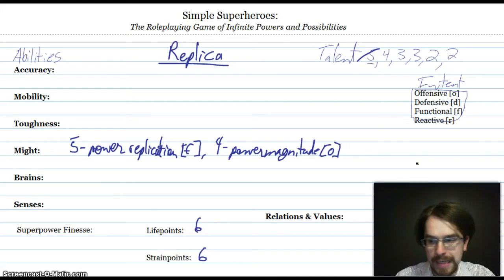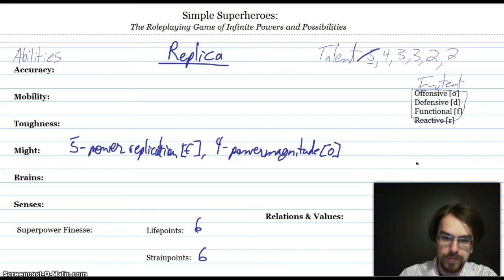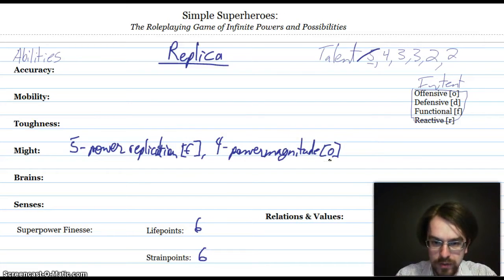She'll be able to roll that assuming that the person she's copying has a rank 4 or higher talent. That could be used in a powerful fashion, in a potency or offensive fashion. So she'll roll this almost all the time when she's trying to damage people.